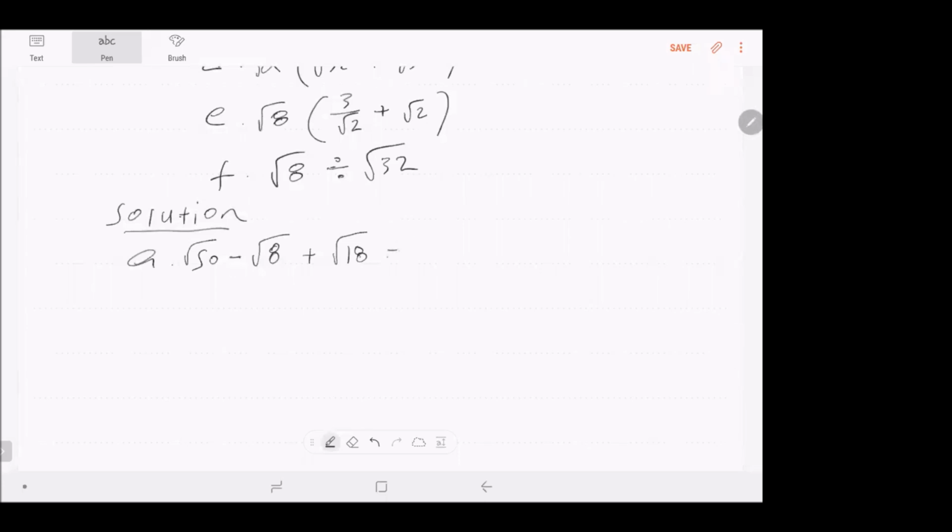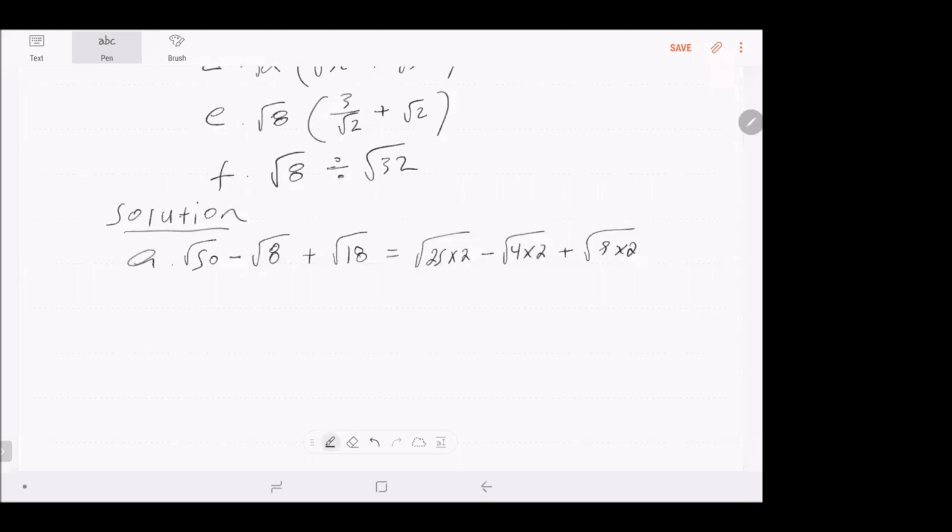Okay. To simplify this expression, as we said before, we write the given radicand as a product of one perfect and one non-perfect square. So 50 can be written as 25 times 2, minus 8 can be written as 4 times 2, plus the square root of 18. 18 can be written as 9 times 2.